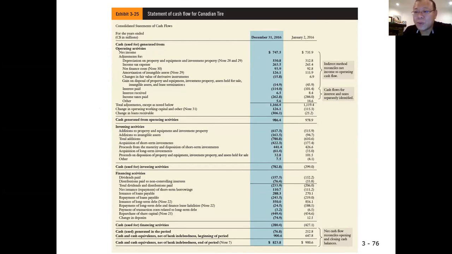The only difference between the two methods is when you are preparing the cash flows from the operating activities. If we have time, I want to teach you how to prepare the cash flow statement using the direct method.